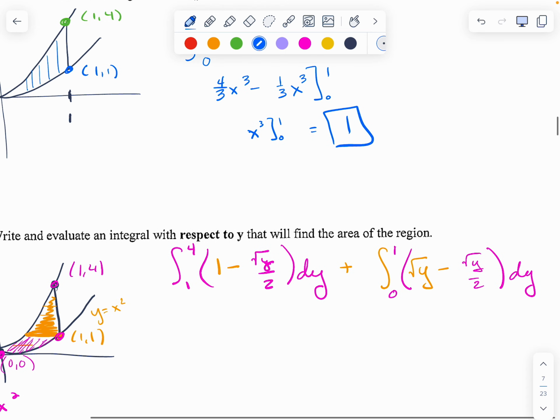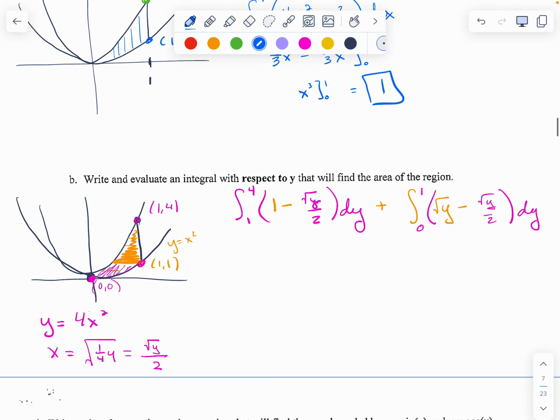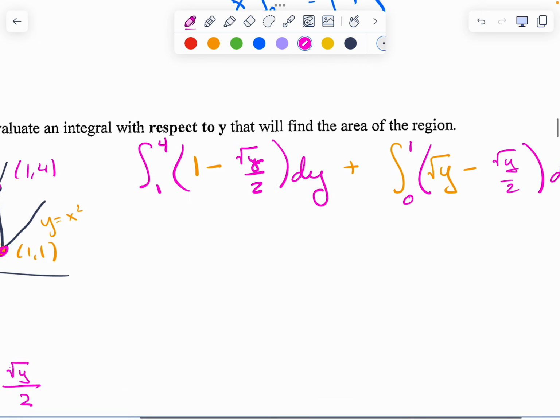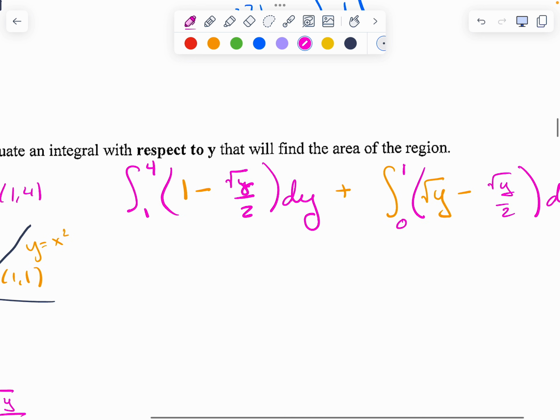Okay, so theoretically, if we've done all this craziness correctly, we would also get that same value. So let's do it. This integral, we end up with y minus 1/2 y to the 3/2 times 2/3. This one's getting evaluated from 1 to 4.